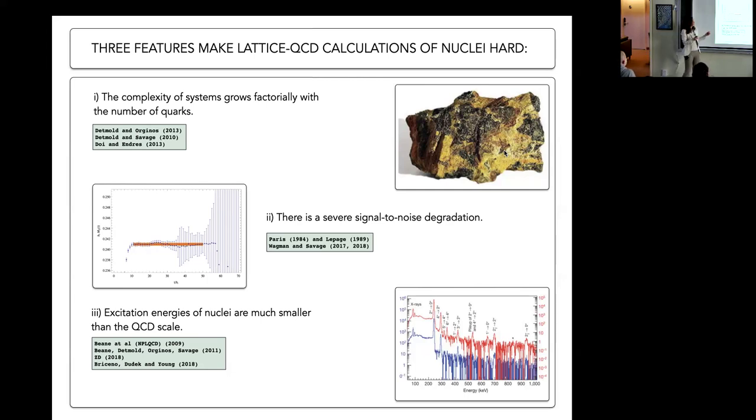If you want to simulate an atomic nucleus that is pretty big, using quark and gluon degrees of freedom, the first problem that you realize is that these states are very complex if I write them in terms of the quark degrees of freedom. If you're interested in understanding how the system evolves, you have to calculate correlation functions between different space-time points.